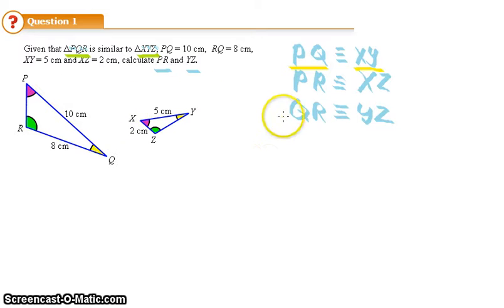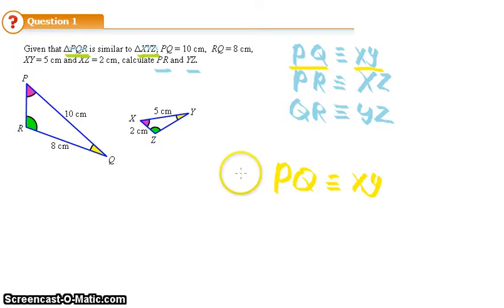But the only thing is XY is 5 and PQ is 10. I'm going to rewrite that all over again. PQ is similar to XY.